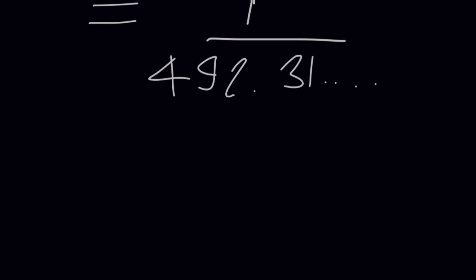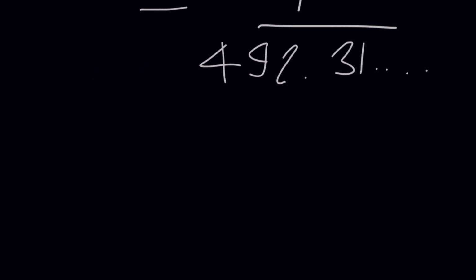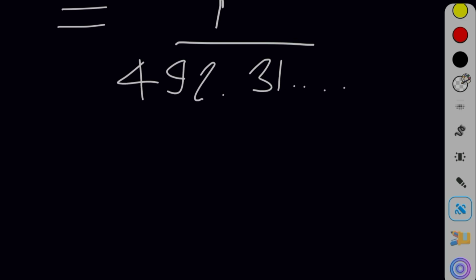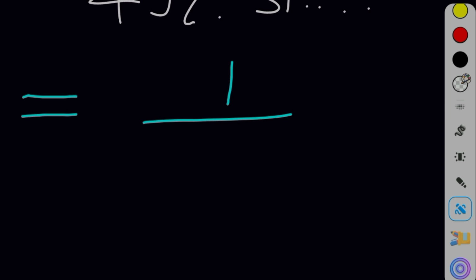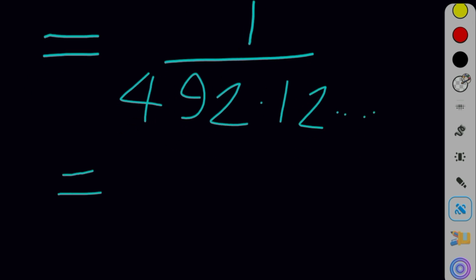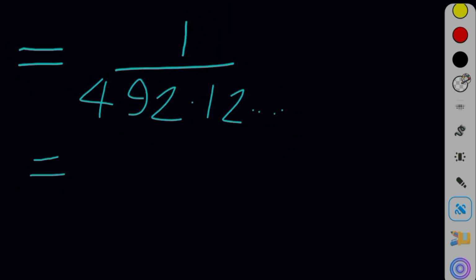So from the calculator and Desmos, we can say that this is equal to 1 over 492.12 something. And this value will be in centimeter cube.